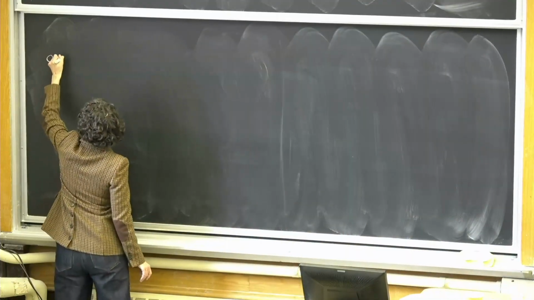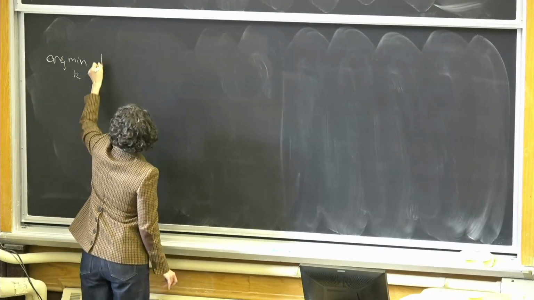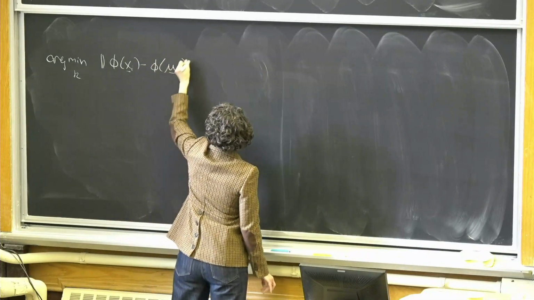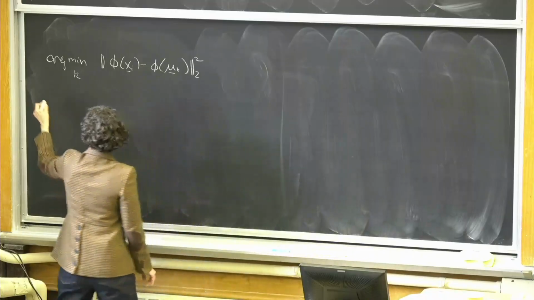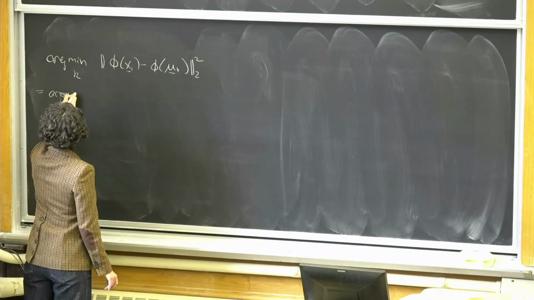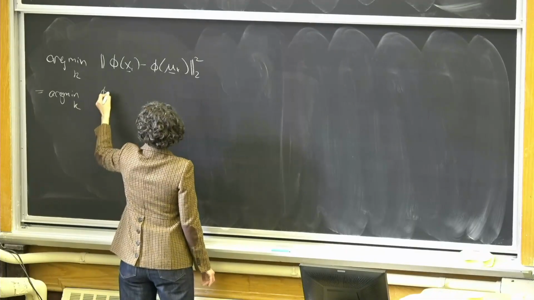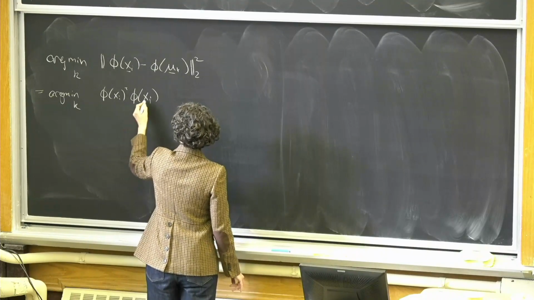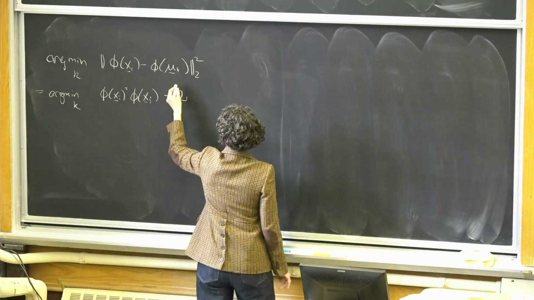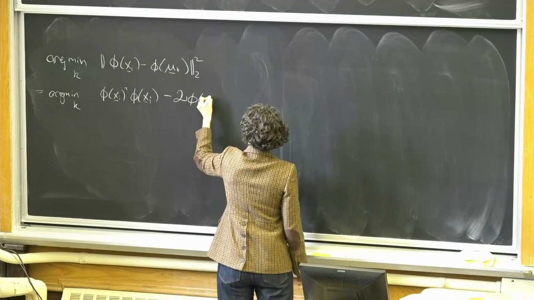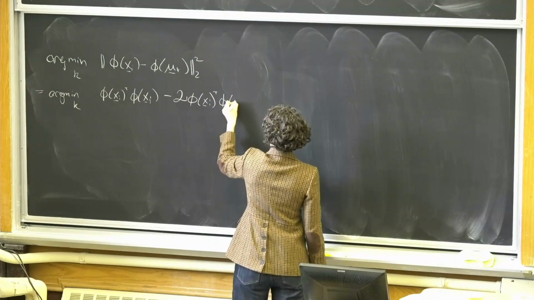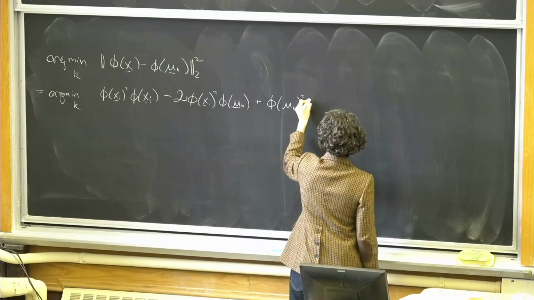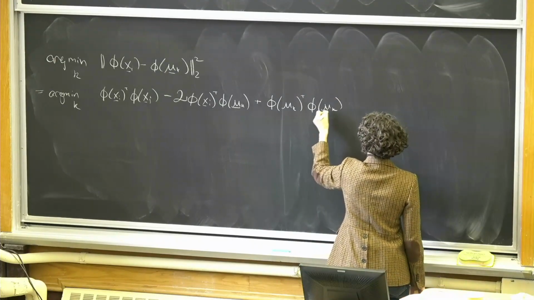If we're thinking about the argmin over k of the 2-norm squared of phi of xi minus phi of mu k, then we can just expand this as phi of xi transpose phi of xi, minus 2 phi of xi transpose phi of mu k, plus phi of mu k transpose phi of mu k.